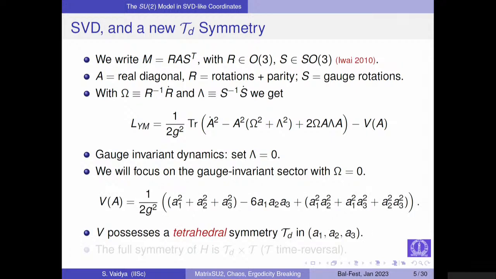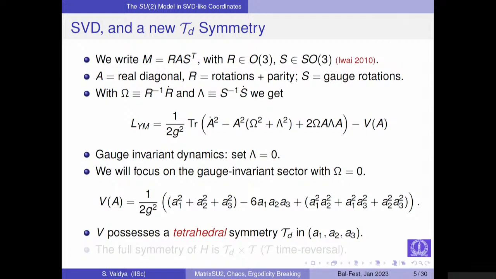So if you put this ansatz M equal to R A S transpose into the formula for the potential which I had shown you earlier, then like I said, this is basically a quartic oscillator. So you can see quadratic, cubic, and quartic terms. But there's more to it than this. There is, of course, a symmetry.